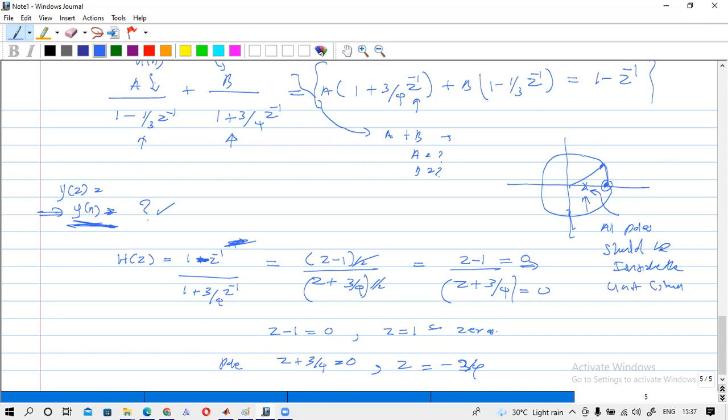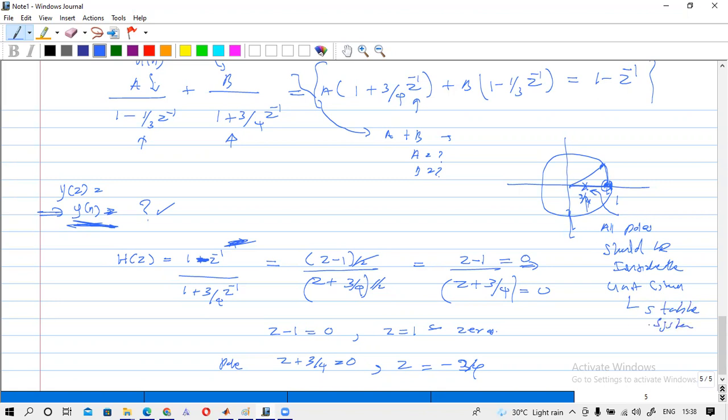If I draw a unit circle with radius 1, I cross this zero because the zero is at 1, and this pole is here, about 3 by 4, in this area. So the pole is inside the unit circle. If the pole is inside the unit circle, we call it a stable system.